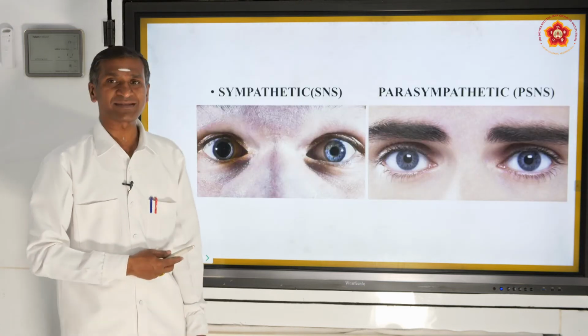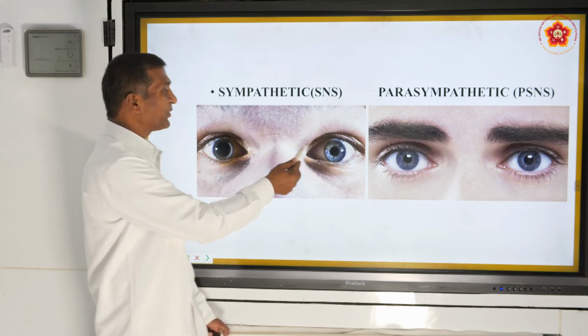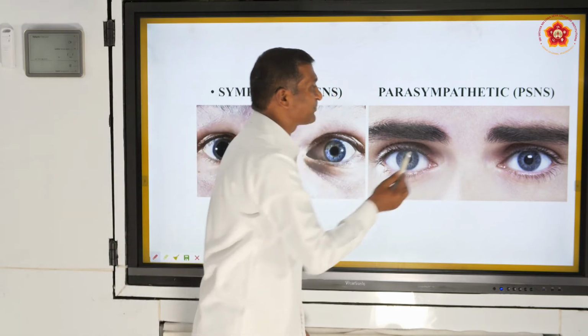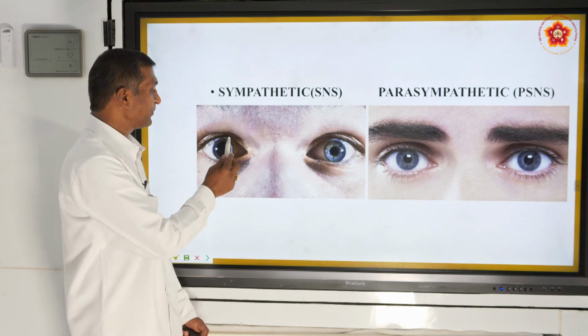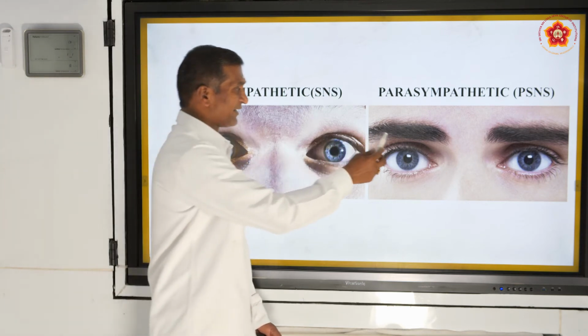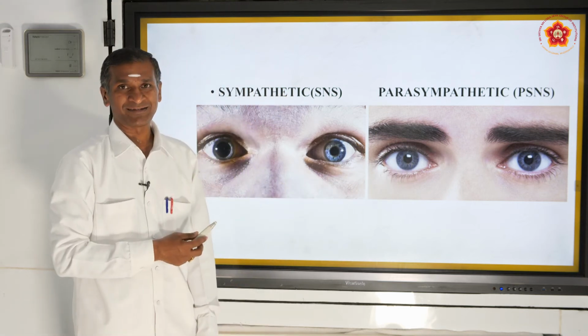If you observe this, you will know by observing the pupil of the eye. See the pupil of the eye of this person's picture and the pupil of the eye of this person's picture, where here it is normal, but here it is abnormal.